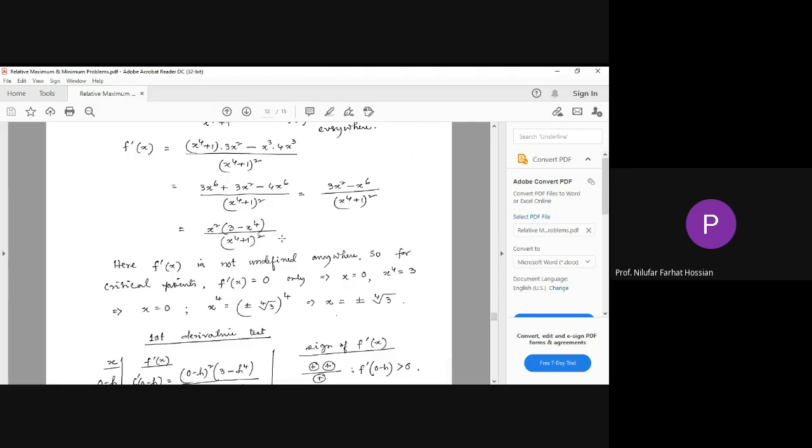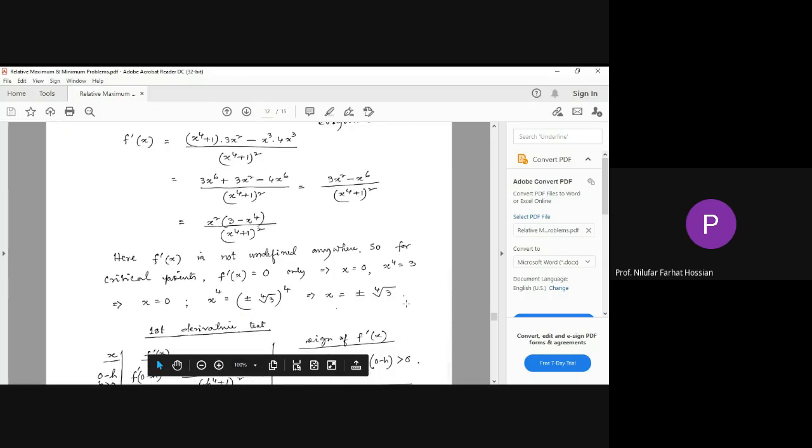It exists everywhere. So we will get the critical points only when f prime x equals 0. And f prime x will be equal to 0 if the upper part is 0. That means x equal to 0 and x to the power 4 equal to 3. These are the two critical points, x equal to 0 and x to the power 4 equal to 3. That means x will be equal to plus minus 4th root of 3.